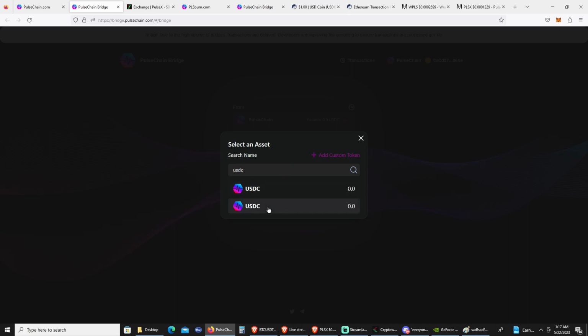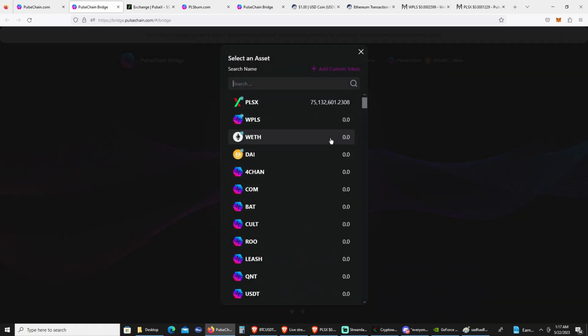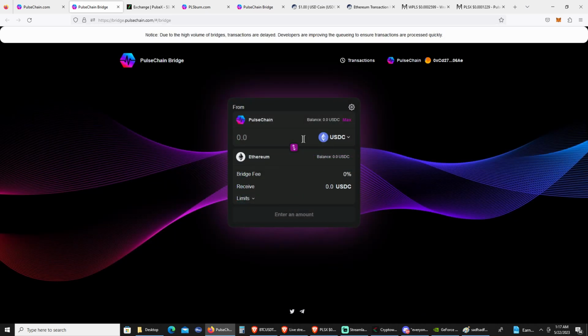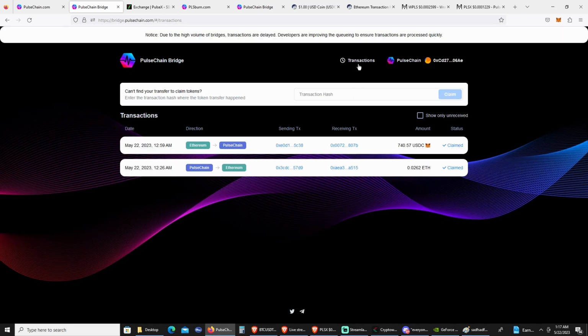They both look the same, right? But you'd be able to tell which one it is because of the logo. I think they need to update the page right here, and then you would bridge it over to Ethereum. But you would have to make sure you have the right USDC, the Ethereum USDC. I did it earlier right here from Pulsechain, just a little bit.